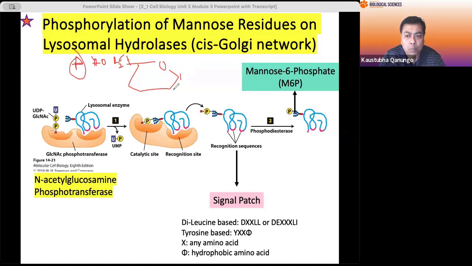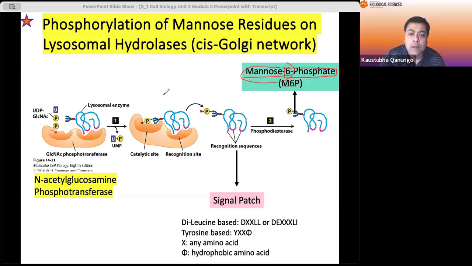And the numbering is 1, 2, 3, 4, 5, and then a CH2OH. And this is a carbon right here. And this is the 6th carbon. And the phosphate is attached to the 6th carbon of the mannose, or the hexose. And that's why we call it mannose 6-phosphate. The phosphate is attached to the 6th carbon of the mannose sugar, which is a hexose with 6 carbons, like glucose, but again, with different side chains.